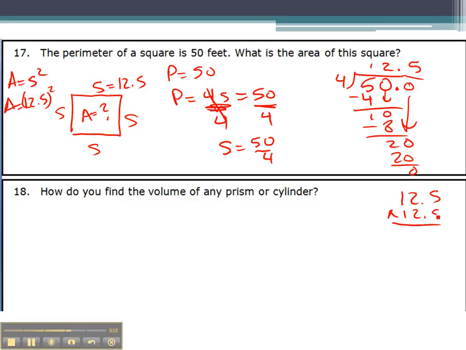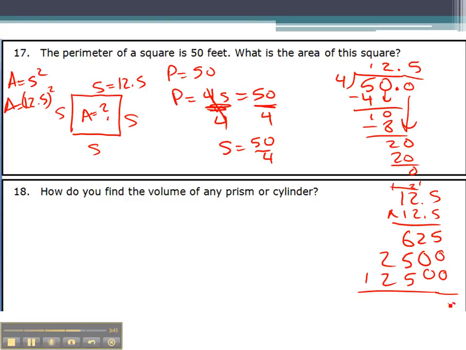Ignore the decimals at first. 5 times 5 is 25, carry the 2. 2 times 5 is 10, plus 2 is 12, carry the 1. 1 times 5 is 5, plus 1 is 6. I'm in the tens place now. 5 times 2 is 10, carry the 1. 2 times 2 is 4, plus 1 is 5. 1 times 2 is 2. Now I'm in the hundreds place, 2 zeros. 5 times 1 is 5, 2 times 1 is 2, and 1 times 1 is 1.